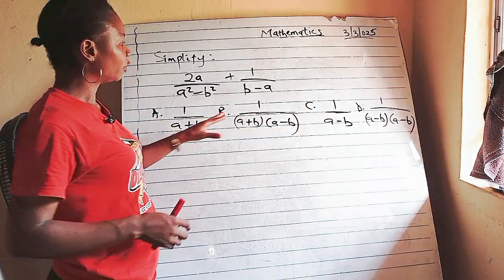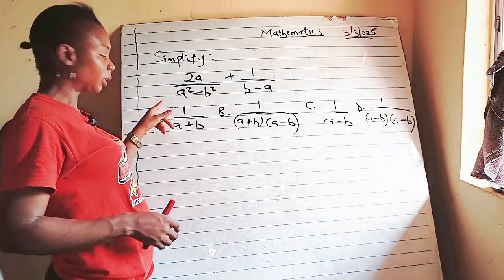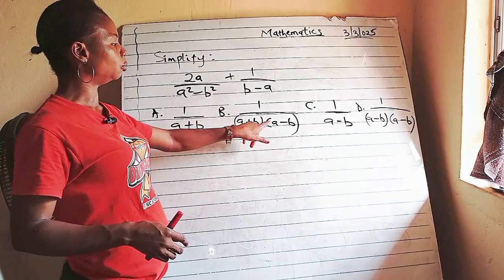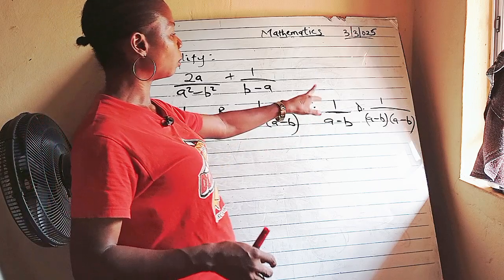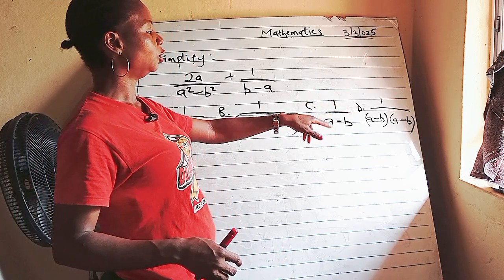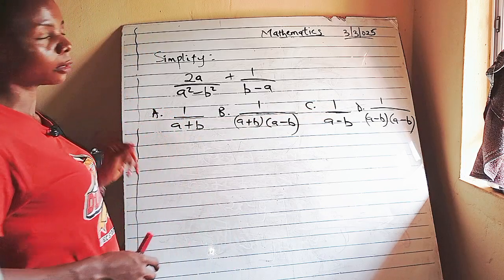After simplification, one of them is the correct answer. Option A is 1 over a plus b, B is 1 over (a plus b)(a minus b), C is 1 over a minus b, D is 1 over (a minus b)(a minus b). So one of them is the correct option.